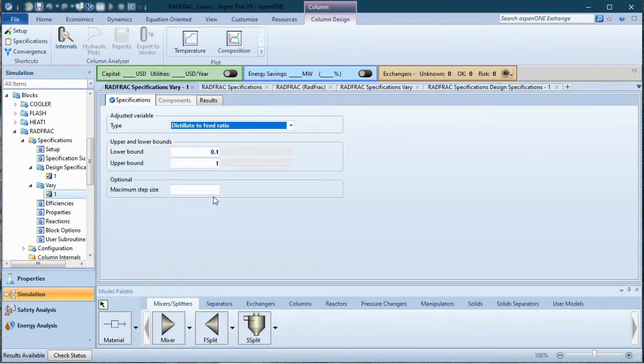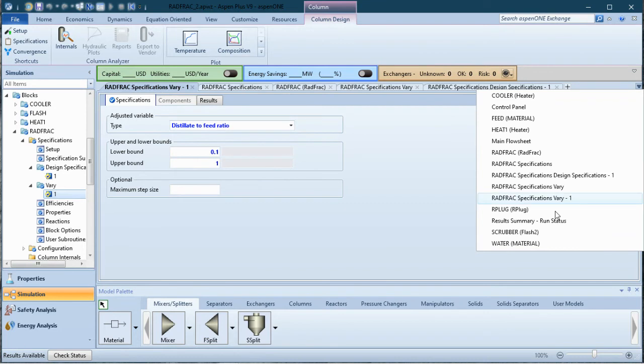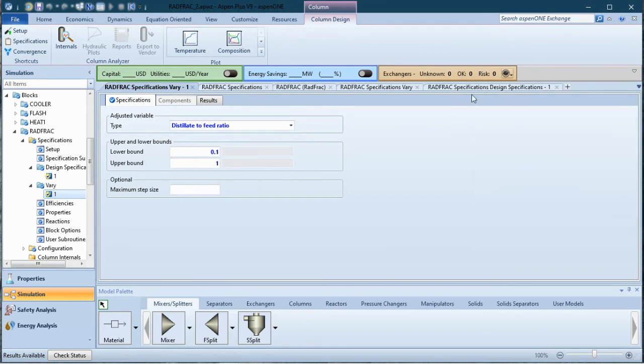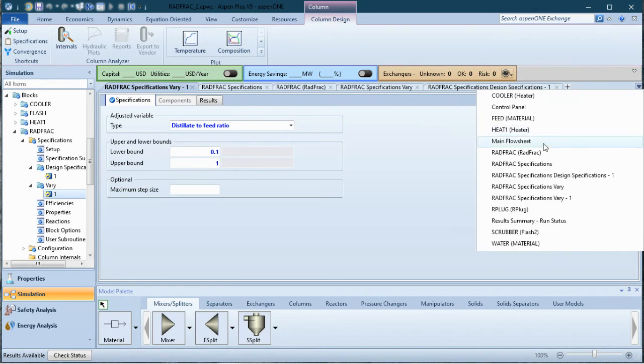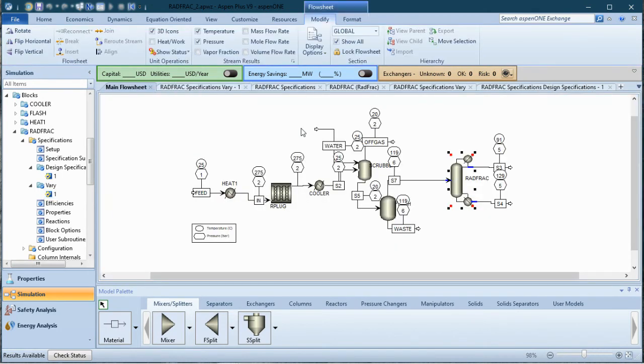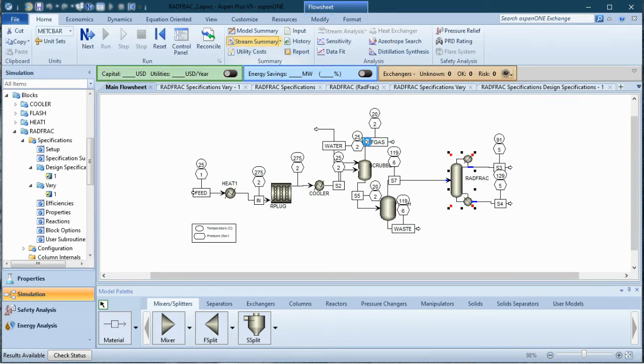So this is the range within the data that we key in for distillate to feed ratio, and then we run the simulation, and we got the answer for the stream, which is 50,000 that I already showed before.